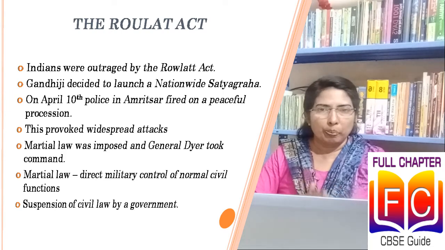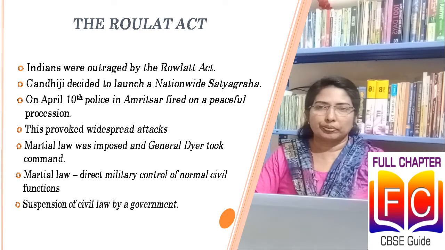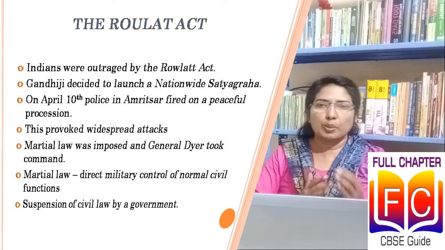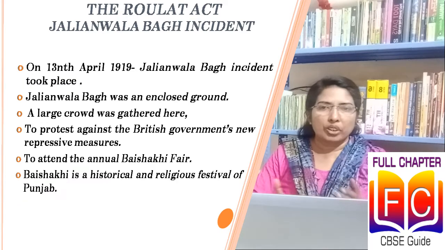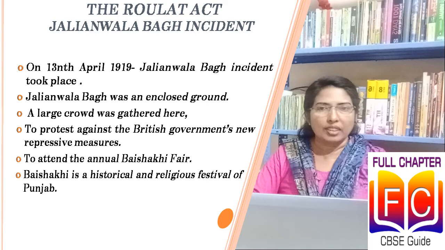Martial law was imposed and General Dyer took command. Martial law means direct military control of normal civil functions or suspension of civil law by a government. Nationwide protests were organized by the national leaders and many furious incidents took place.